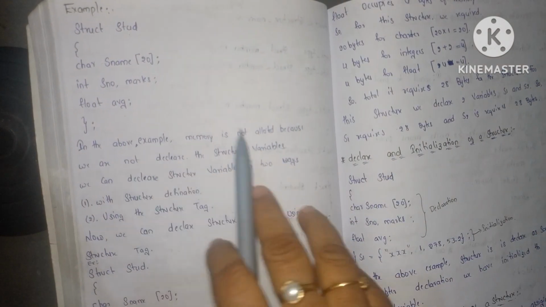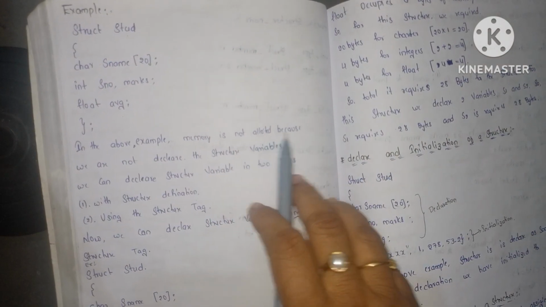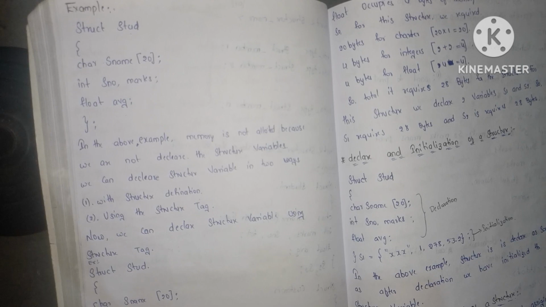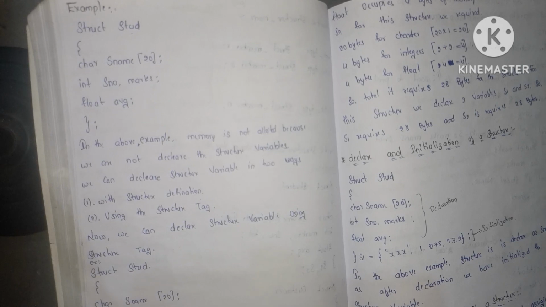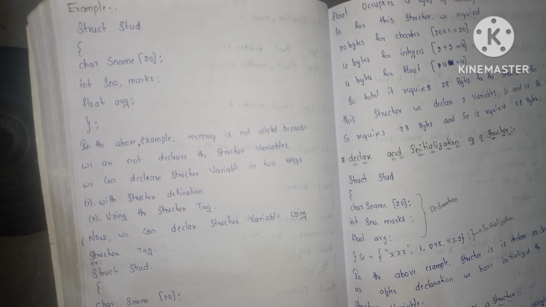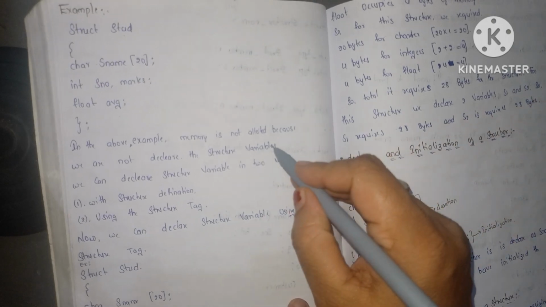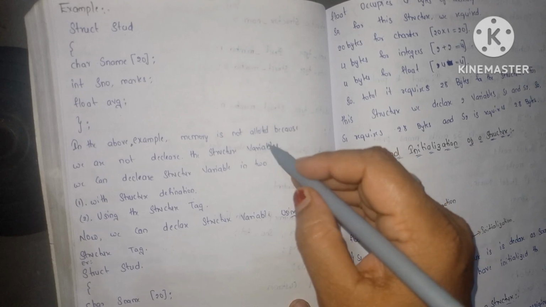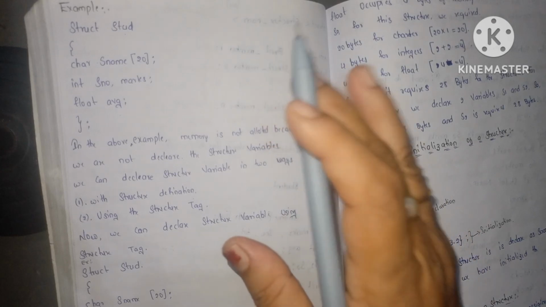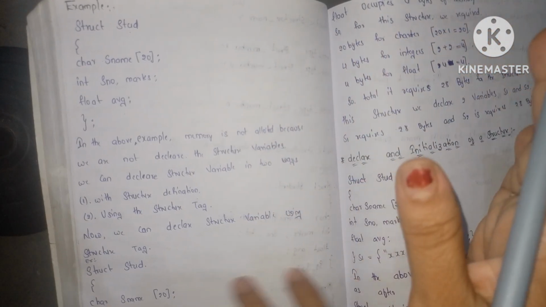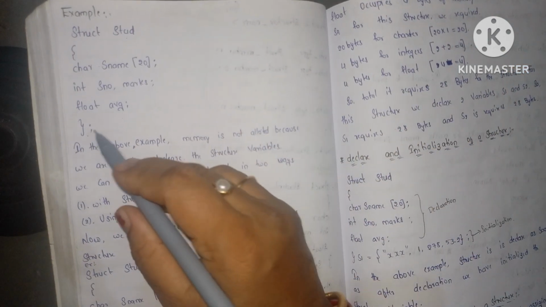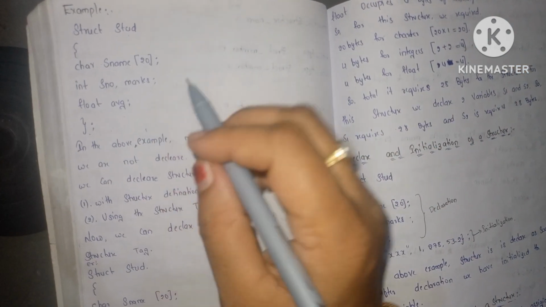But in this example, memory is not allocated. Whenever we create or declare a structure, at that time memory is not allocated. Memory is allocated only when we declare a variable of the structure. For only declaring the structure, memory is not allocated.